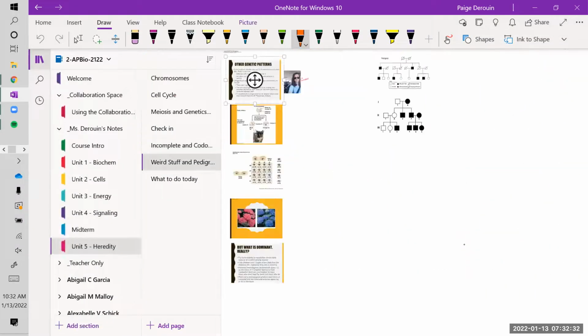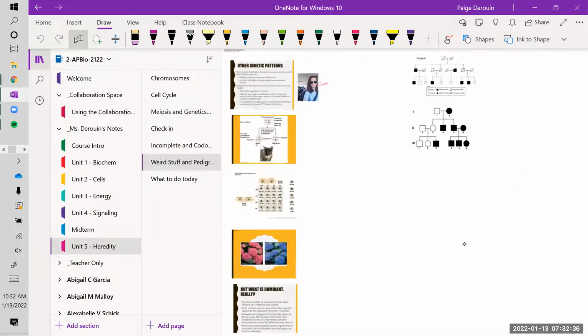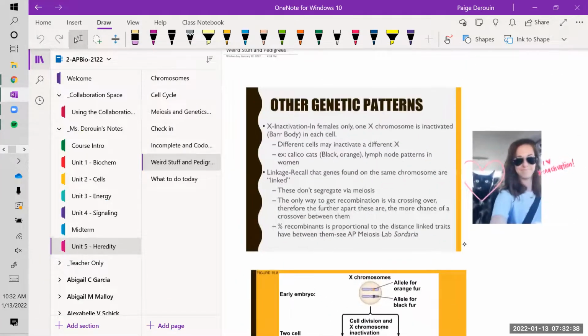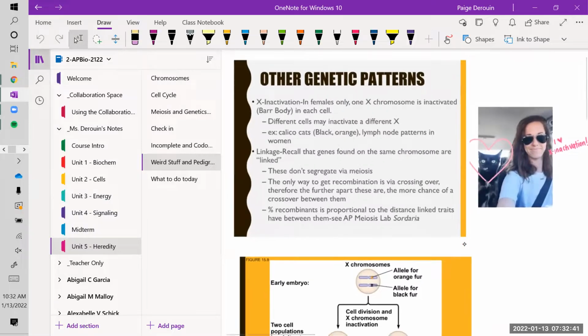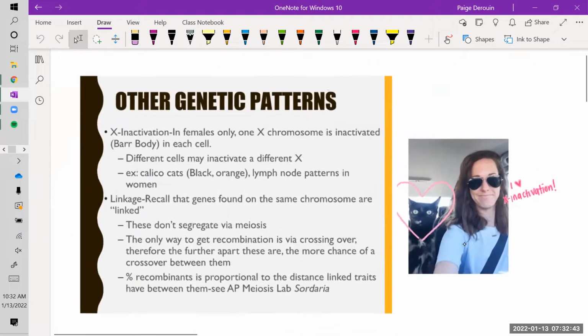So if you're on OneNote, look at this thing that says weird stuff. And we're gonna start with this. That's my cat, that's soybean. Okay, so one thing that's weird is we talked about how females have 2 X chromosomes. X chromosomes have a lot of information included on them.